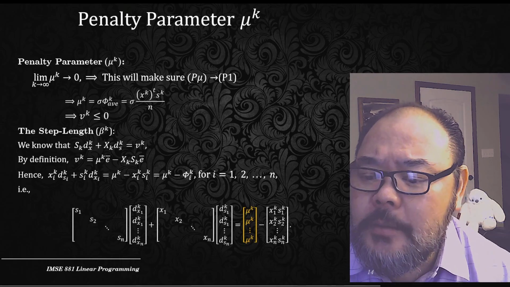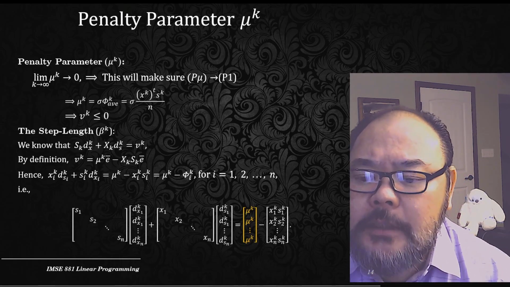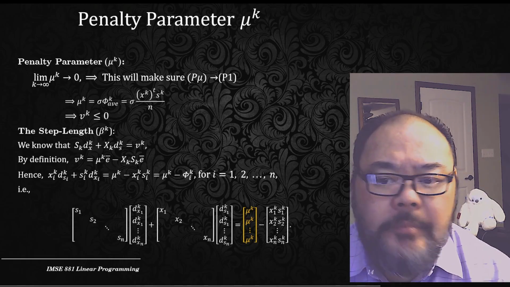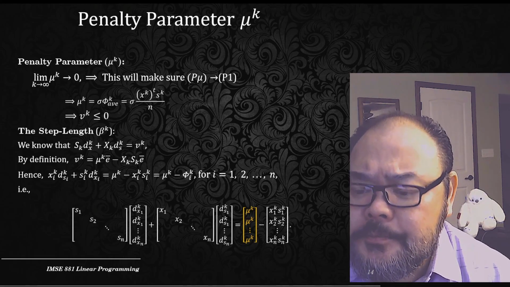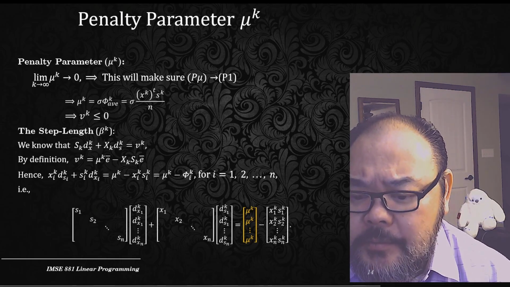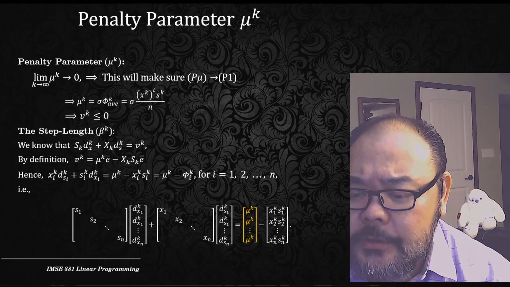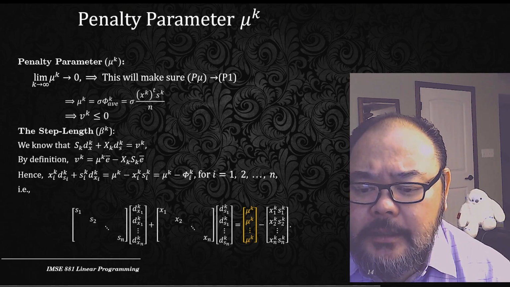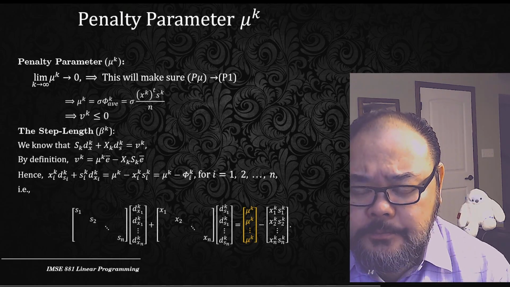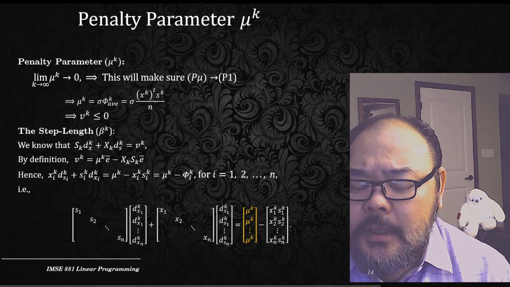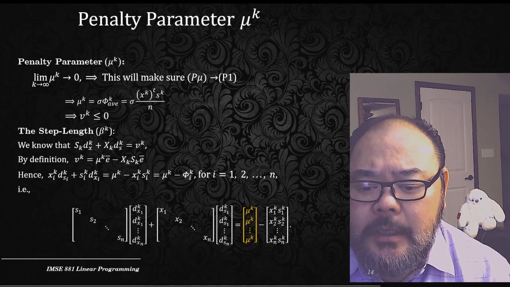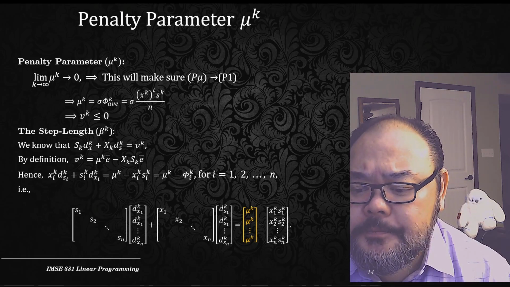And next we'll talk about the step length. After we construct the scheme to update the penalty term or barrier parameter, the step length beta k can be determined. We know that Sk dxk plus capital Xk dsk equals vk, and vk by definition equals mu k times e minus capital Xk times capital Sk times e.